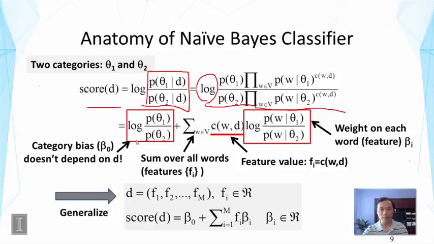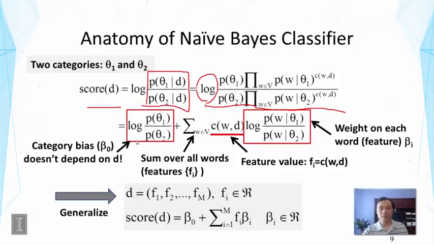Here of course in this case f sub i is the count of a word, but in general we can put any features that we think are relevant for categorization. For example, document length, or even font size, or counts of other patterns in the document.